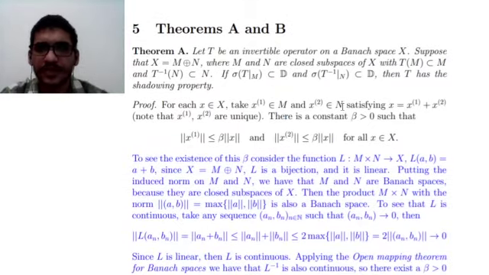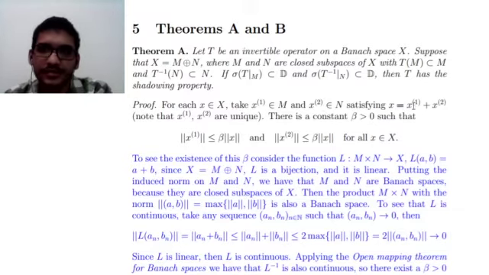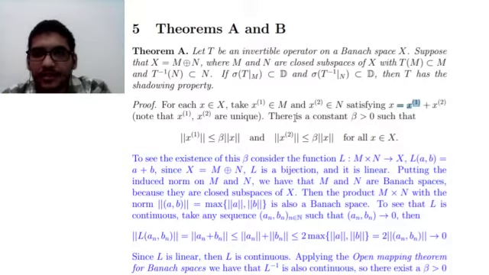Okay, for each x in X, take x1 in M and x2 in N, satisfying this. Okay, x1 and x2 are unique because it is a direct sum. Okay, there is a constant beta greater than 0 such that this happens.